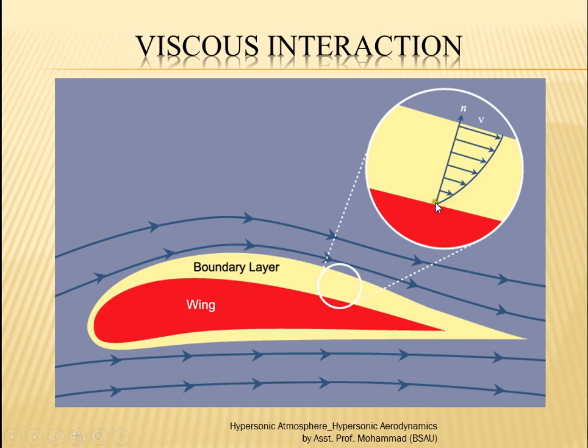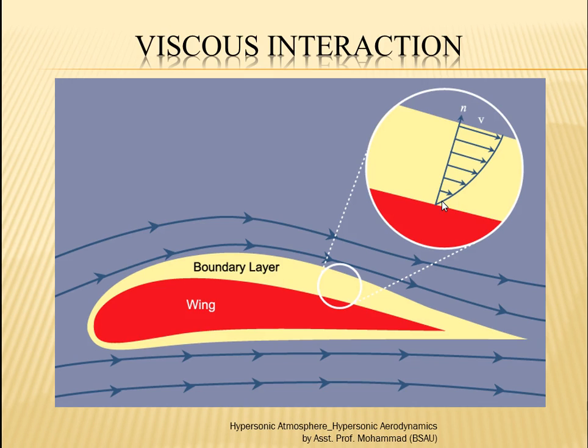The fluid velocity in the layer adjacent to the solid surface has to become 0, because there cannot be any slip. So the fluid velocity is 0, and the fluid particle comes to rest.